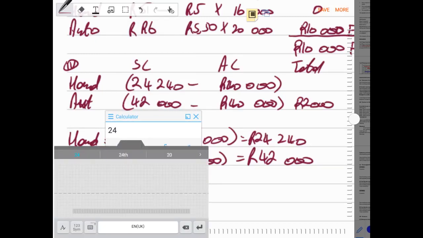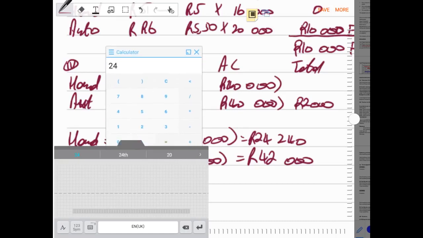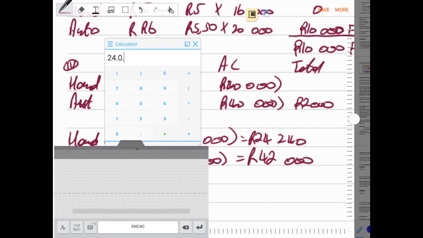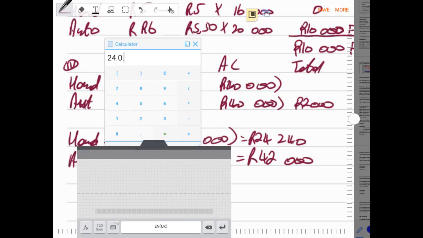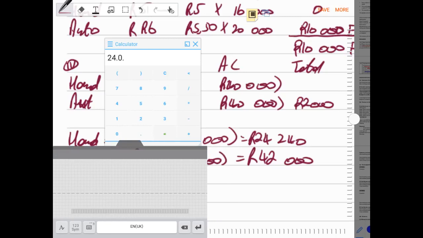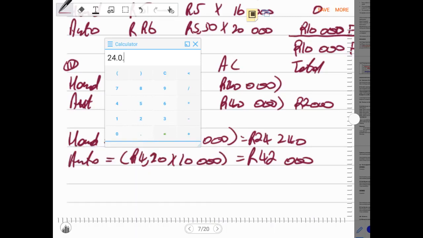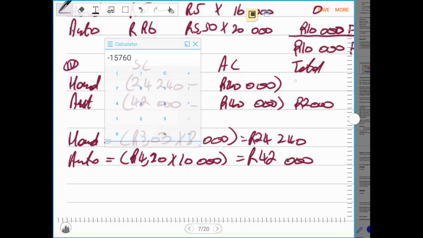24,240 minus 40,000 gives me a total of 15,760, and that variance is unfavorable.